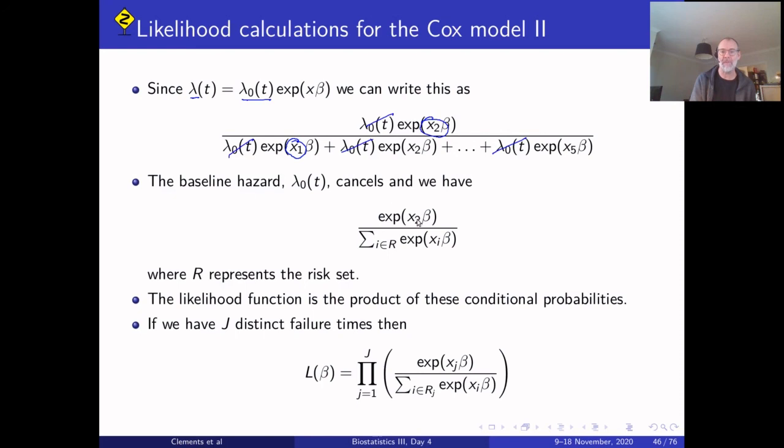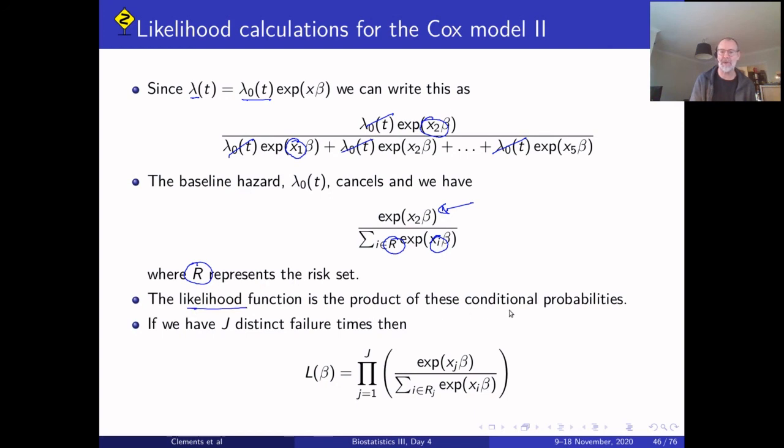What we get is exponential of x2 beta divided by the sum, and the notation here is that those are the individuals who are in the risk set R. So R represents those who are at risk of having the event at the time of this event. So it's the sum for i belonging to the risk set of exponential of xi beta.